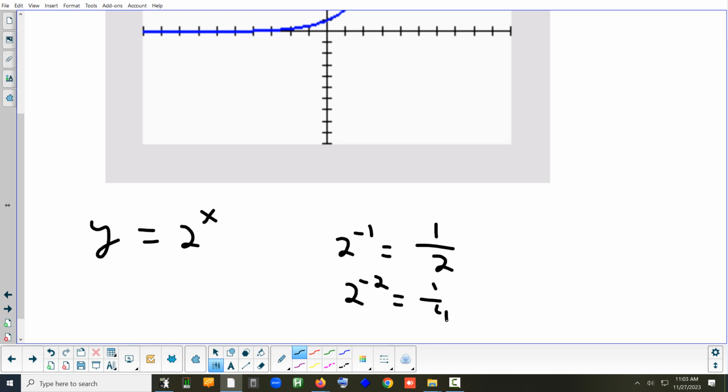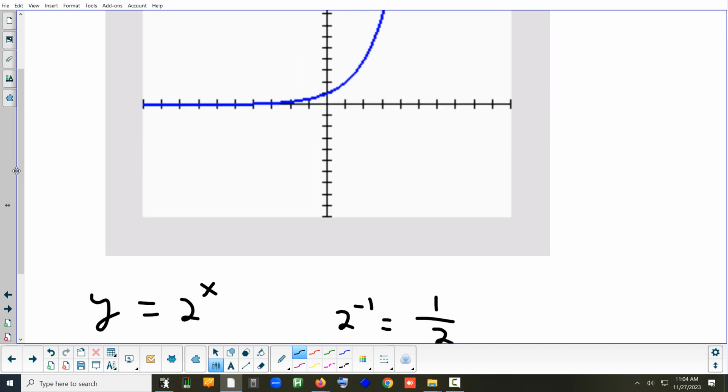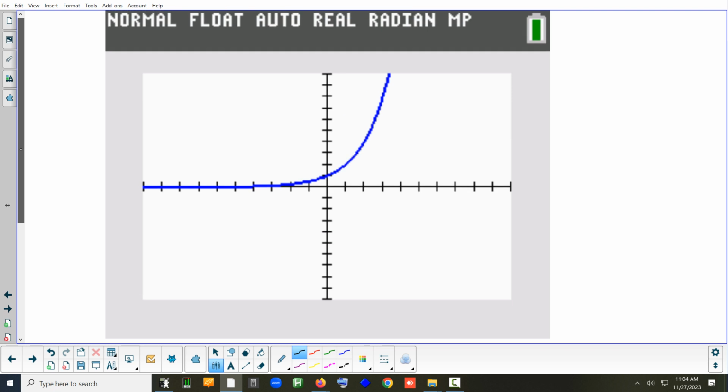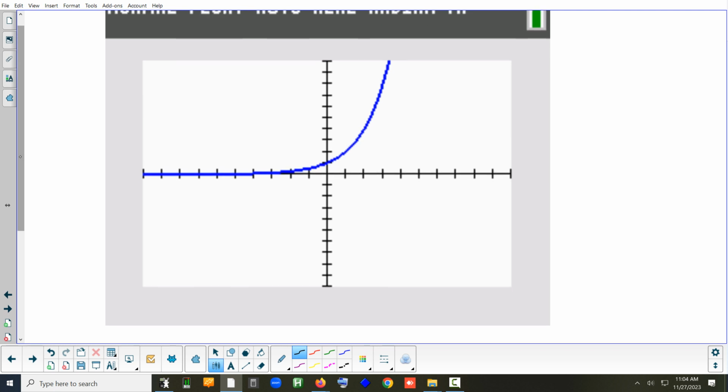So 2 to the negative third would be 1/8. 2 to the negative fourth would be 1/16. So it's going to keep dividing by a bigger number. But if you divide 1 by something bigger and bigger, does it ever hit 0? No, it just gets very small. So that's what's happening as you head to the left. It gets close to 0. And what do we call that again when you get close to something but you don't reach it?